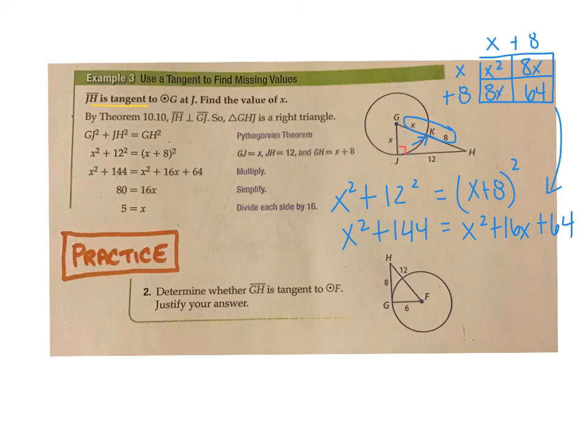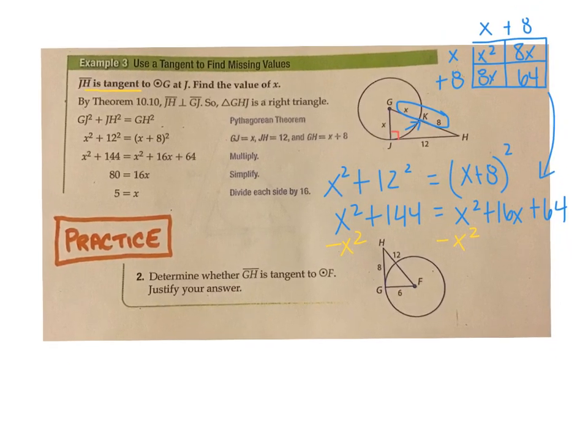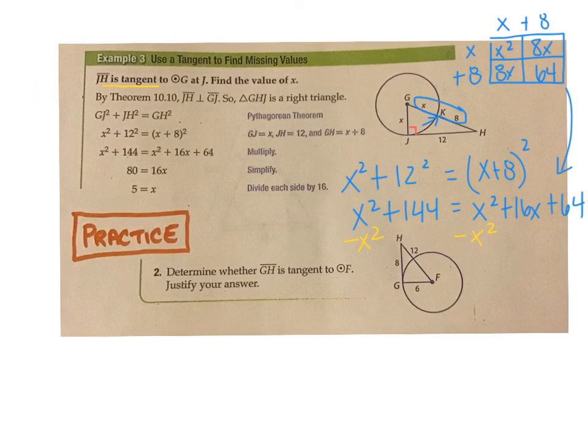So let's say we move x squared over to the other side. That'll go away, which is what we want. And this is going to go away. So we'll end up with 144 equals 16x plus 64. And then we'll move the 64 over.